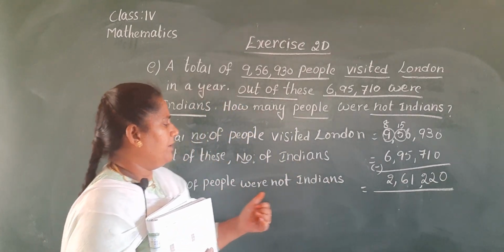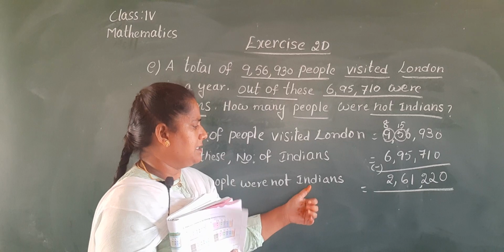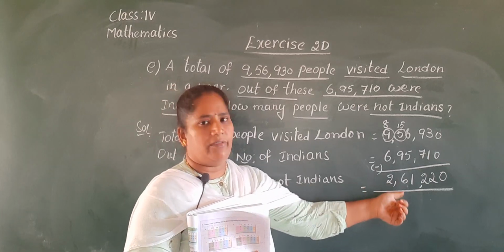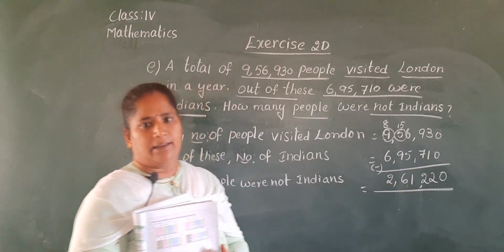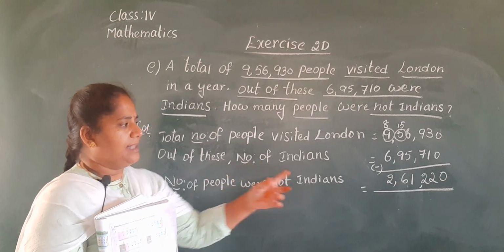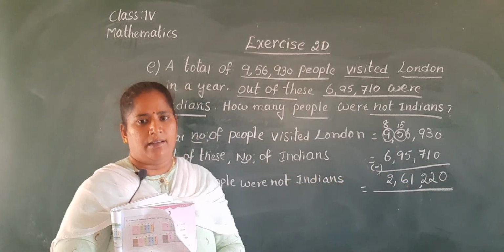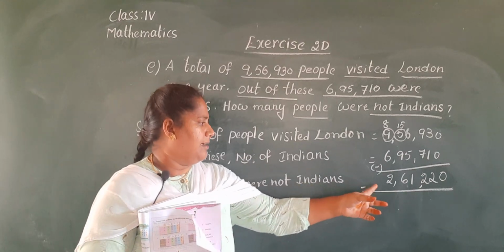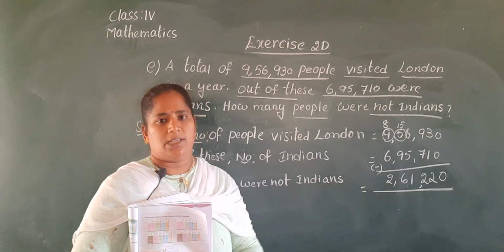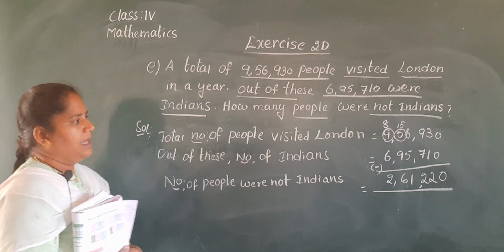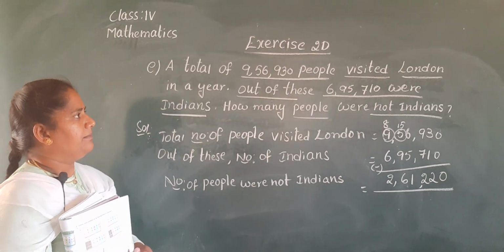So, number of people who are not Indians, how many? 2,61,220. Okay, ma? How many Indians are there? 6,95,710. How many are not Indians? 2,61,220. Let's note down in your classwork, ma.